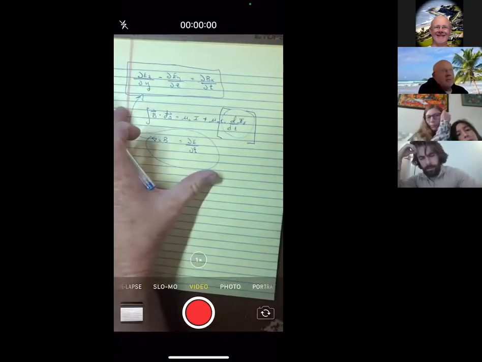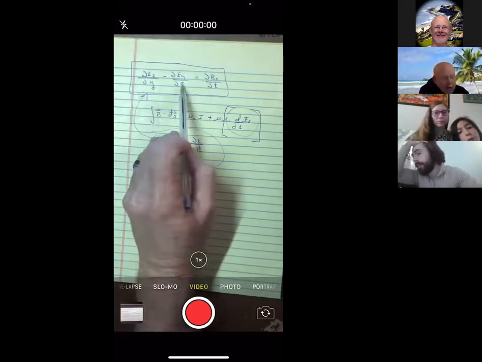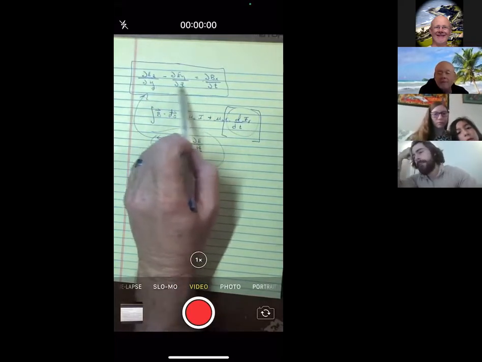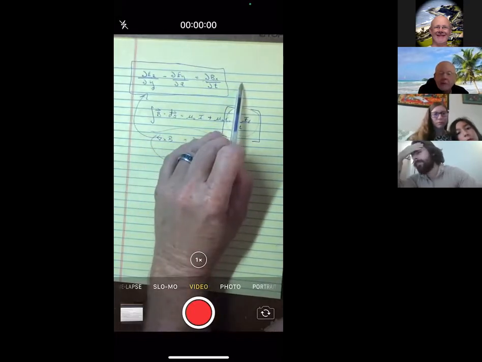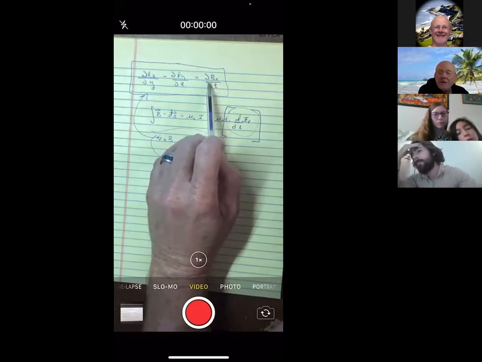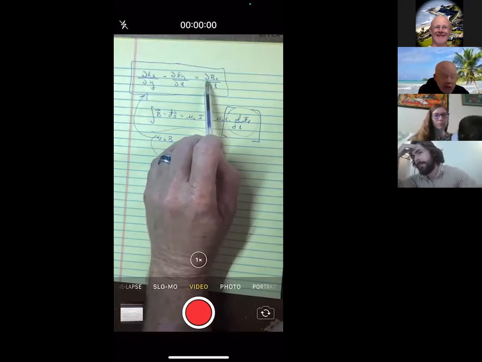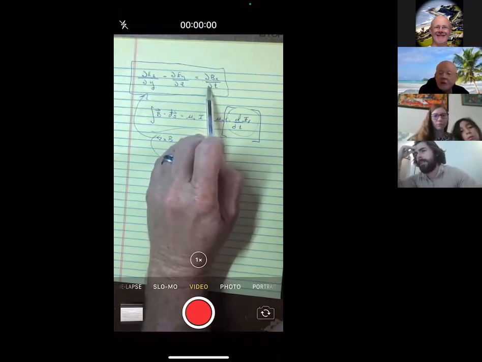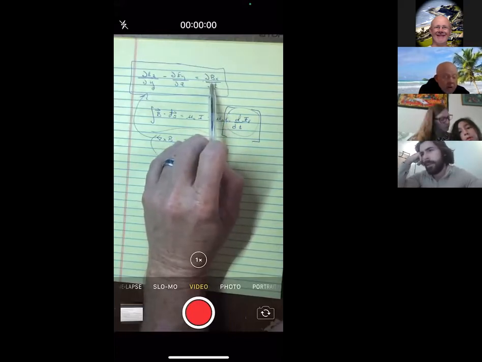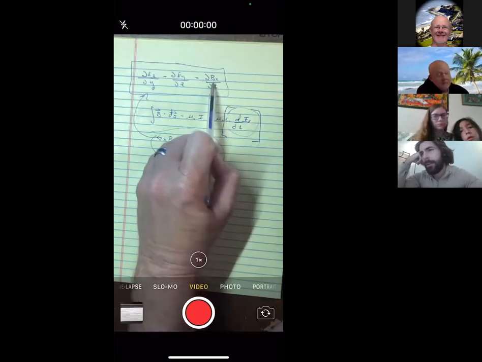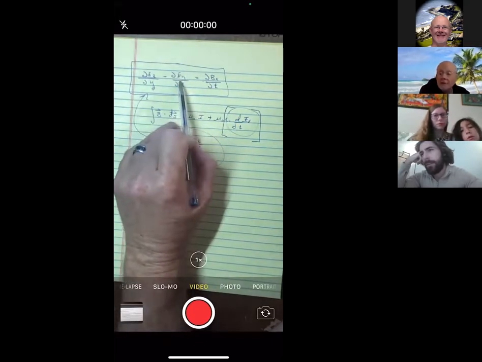So let me backstep. You said if you wanted to think about it in terms of the differential form, I would say this. The current made a magnetic field right here. Yeah. And since the current is changing, I would say the magnetic field is changing. Maybe it's getting stronger as I'm ramping up. And then I would say, since the magnetic field is changing, that's going to create an electric field.